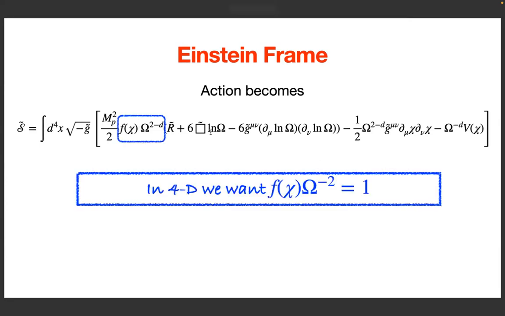So this gives us the conditions for the Omega function. In this case, for 4 dimensions, we want the product of these two to be equal to 1, such that whatever is in front of the Ricci scalar is equal to 1. So we are getting rid of the non-minimal coupling to gravity, and we are recovering just Einstein-Hilbert gravity.